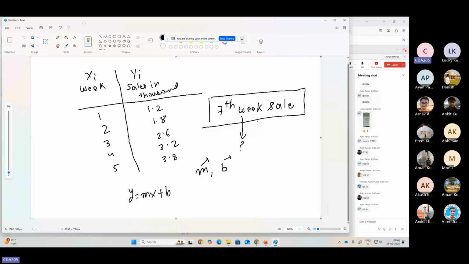So here x is the week. So y is equal to m into 7 plus b. It will give you the value. So calculate this, how you have to calculate, that is m and b. B is what? That is the intercept.